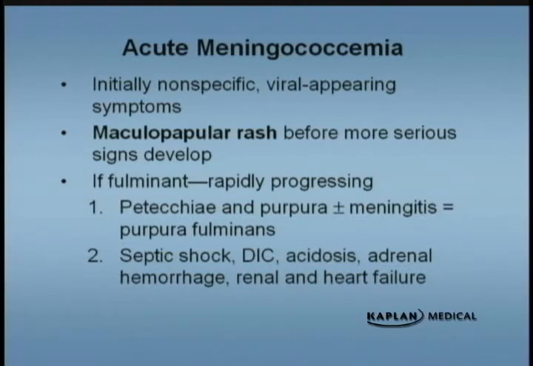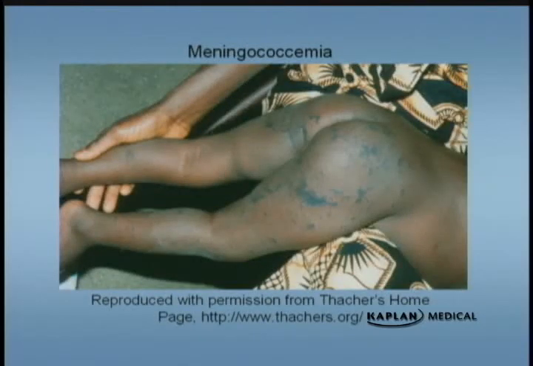If it's purely meningitis, they actually have a better prognosis than if they have pure meningococcemia. Pure meningococcemia, they're super sick, and it's happened so quickly that the organism has not had a chance even to get into the CSF, and they have a worse prognosis. They can go into septic shock, and the complications are listed there. This is a child with the classic purpuric lesions of meningococcemia.